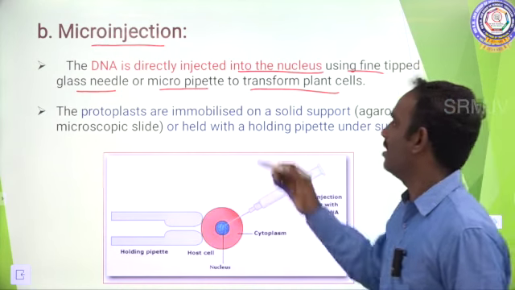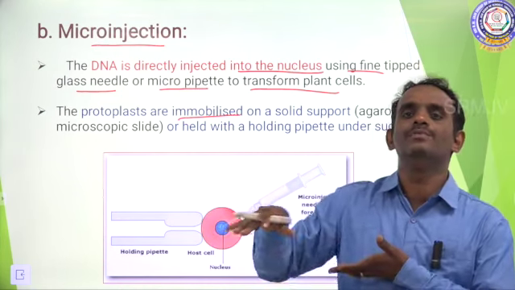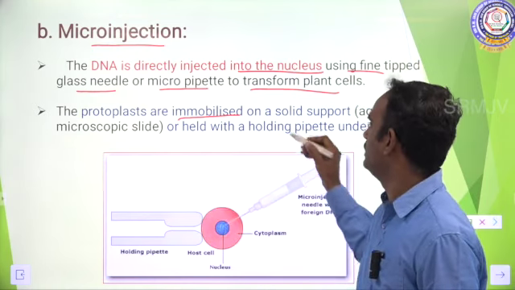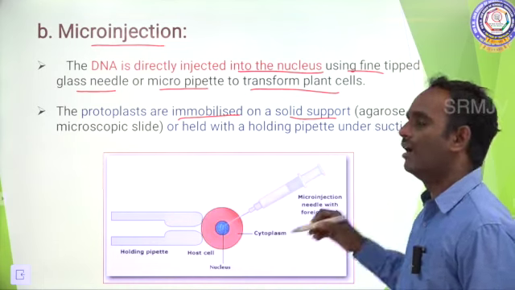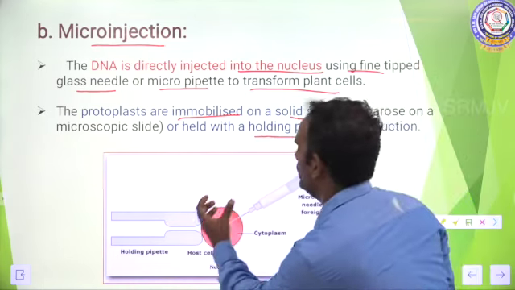The protoplasts are immobilized. What is the meaning of immobilized? They are not able to move. That is called immobilized. The protoplasts are immobilized on a solid support or held with a holding pipette. So we have to hold the protoplast.